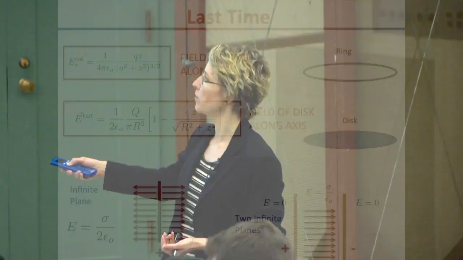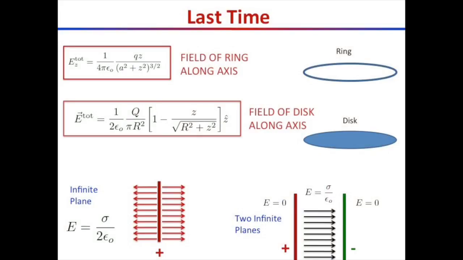And in this case, we got a more complicated looking equation, but still pretty similar: it points away from the disk if it's a positive charge, and it points towards the disk if it's a negative charge. Then, having built these up, we took the size of the disk to infinity. So we let the radius of the disk go infinite, but we did it in a particular way, right?